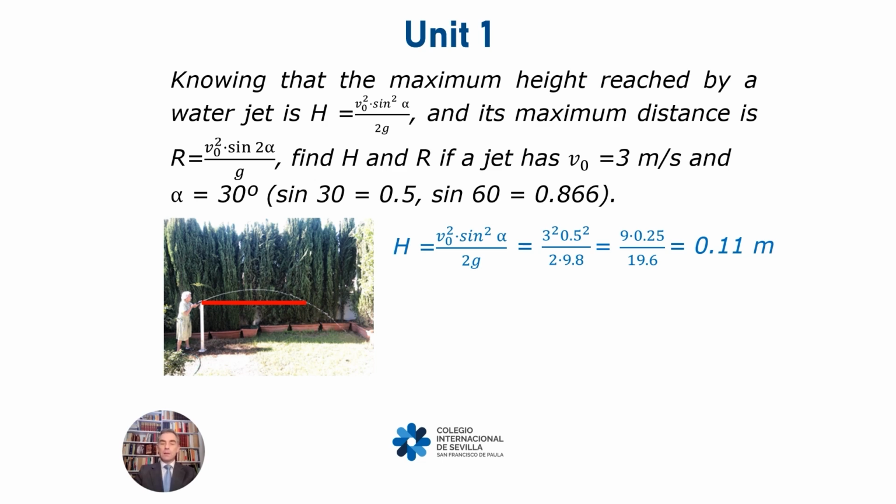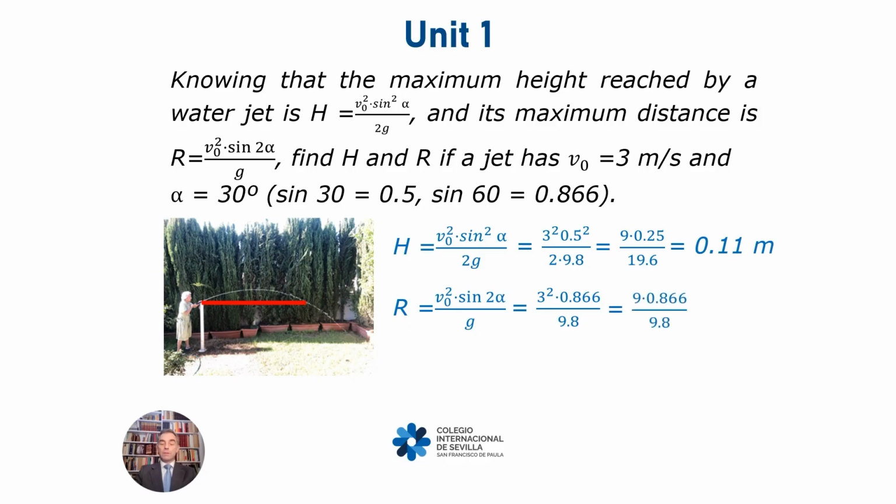Let's now proceed to the value of R, of the reach. R equals V0 squared times the sine of twice the angle, the initial angle, divided by the value of gravity. We replace the values, so V0 squared is 3 squared. The sine of twice the angle, the sine of twice 30 degrees, sine of 60 degrees is 0.866, and everything divided by 9.8.